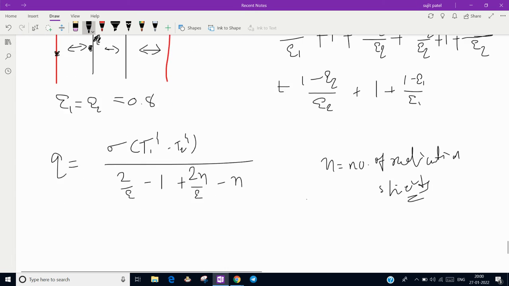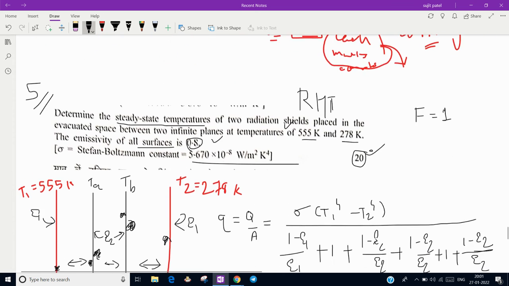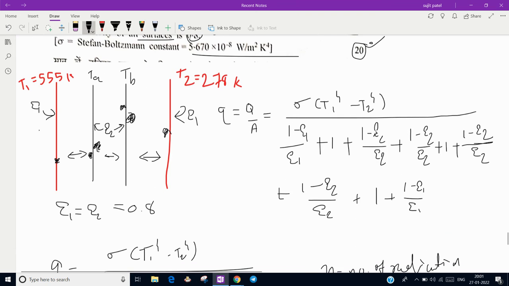Here there are 2 radiation shields, so we can write the steady state equation: sigma into (T1 power 4 minus T2 power 4), and when I simplify, it becomes 6 by epsilon minus 3. Please follow this statement, steady state. Whatever heat flux is there from this side, it will be the same on the other side.